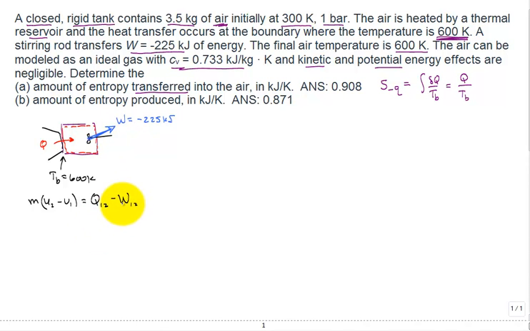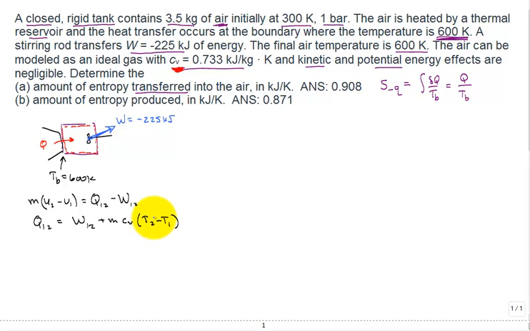I'm just emphasizing it's during the process from initial state 1 to final state 2. So if we're interested in calculating Q_1-2, that's equal to the work 1-2 plus the mass times the change in U. And because they give us a specific heat right here, we're going to use that specific heat. So we're going to calculate the change in U as C_V times the change in T.